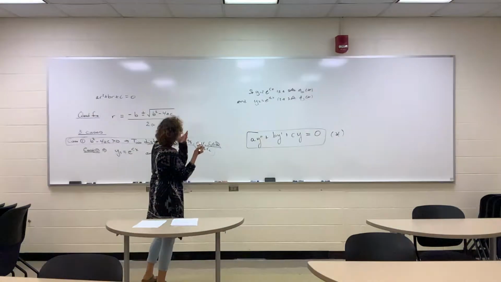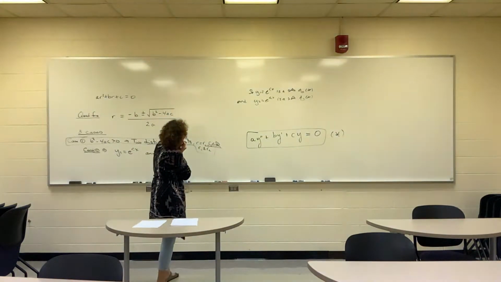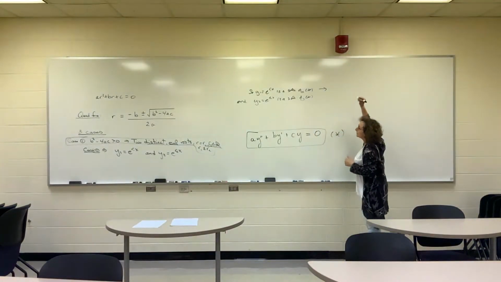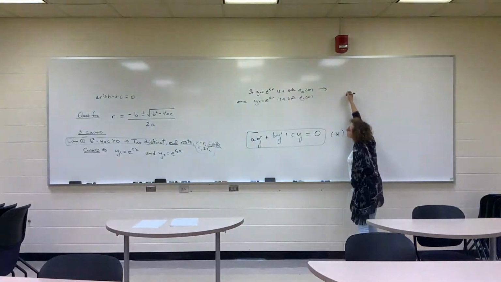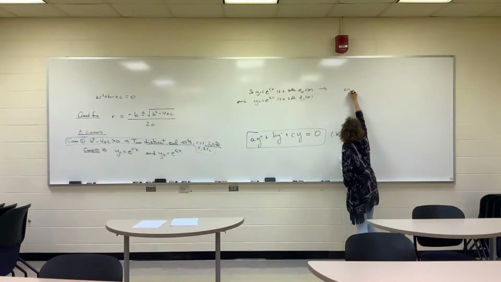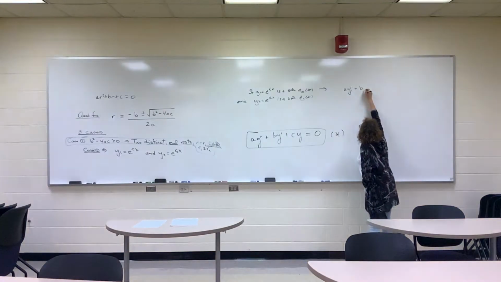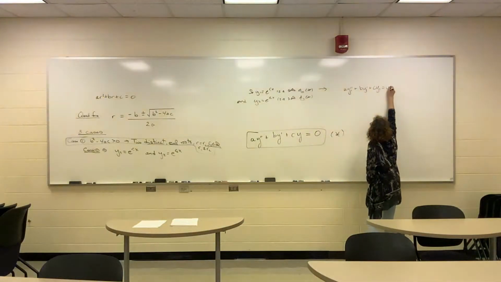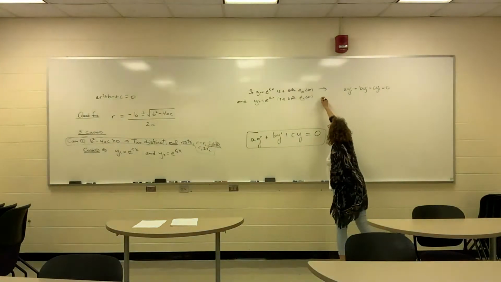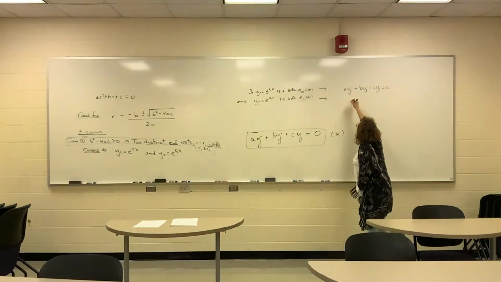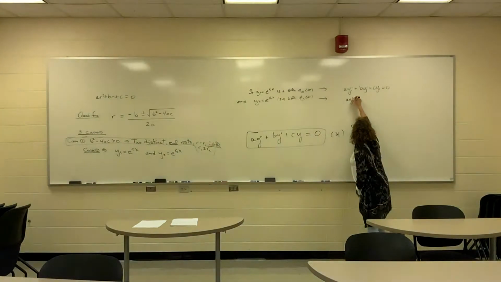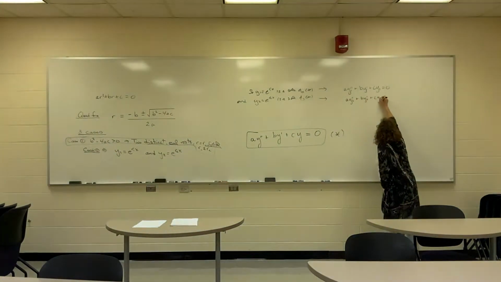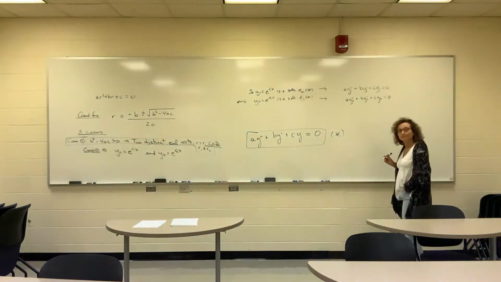But what does it mean for that to be a solution? It means that a times y1 double prime plus b times y1 prime plus c times y1 is equal to 0, right? And for y2 to be a solution means a times y2 double prime plus b times y2 prime plus c times y2 is equal to 0, right?